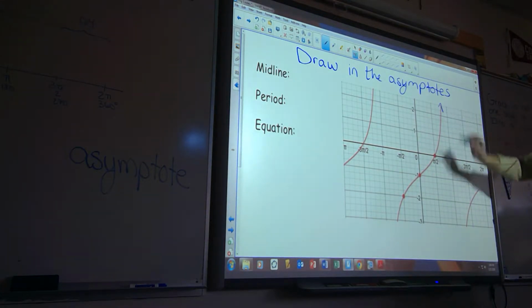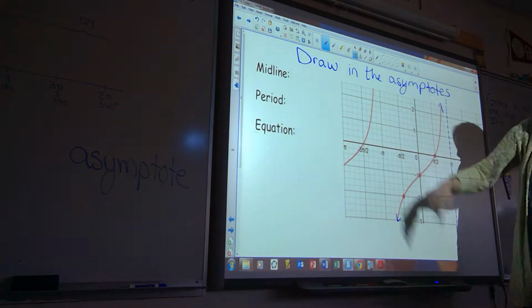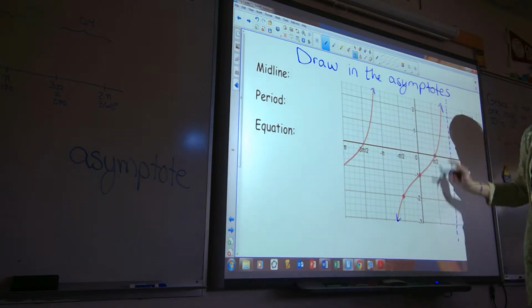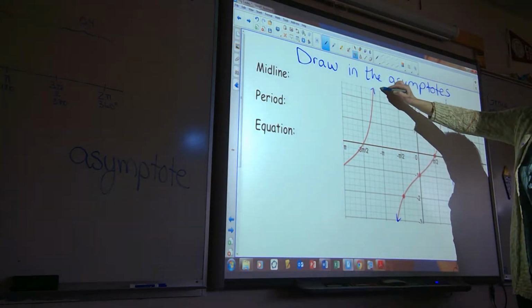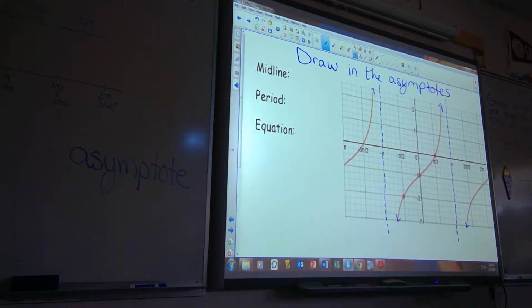So let's see. This has an arrow up. This has an arrow down. This would have an arrow down. So I think this asymptote is right here at pi, because it's right smack dab between the 2 arrows, the up arrow and the down arrow. Now, if I go over on the other side, this one's going up, this is coming down. Halfway in between is right there.